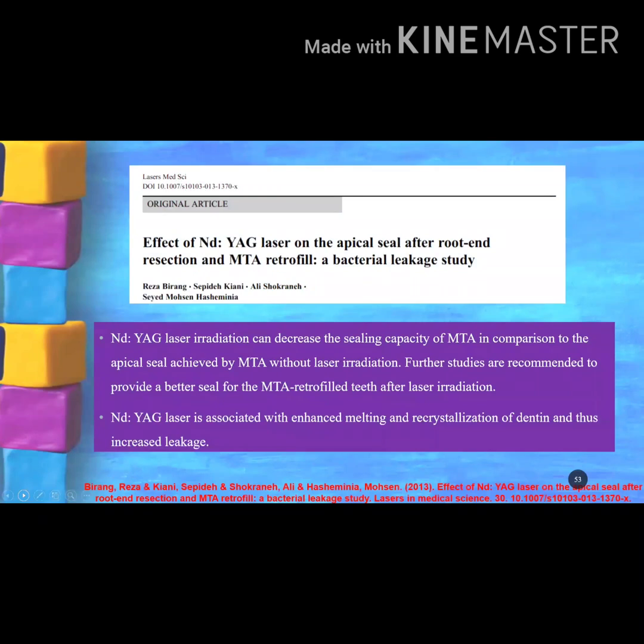Now, one article on the effect of Nd:YAG laser on apical seal after root-end resection and MTA retrofill. In that, Nd:YAG laser irradiation can decrease the sealing capacity of MTA in comparison to the apical seal achieved by the MTA without laser irradiation.